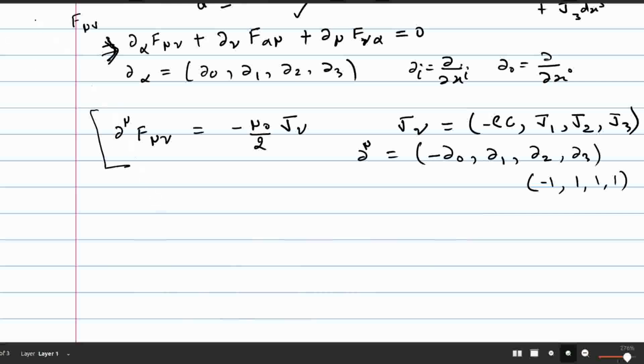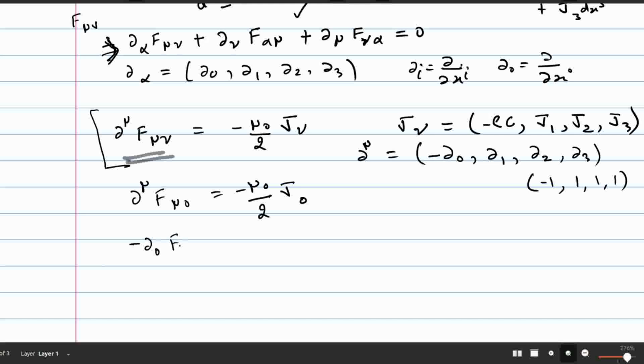if we take this equation here, this one, and for example take nu to be 0, then we get del mu F mu 0 equals minus mu 0 by 2 j0. Now del upper 0 is minus del lower 0, right?